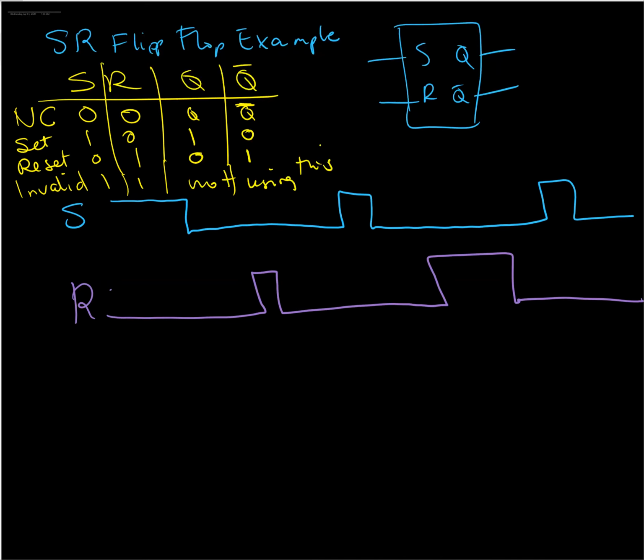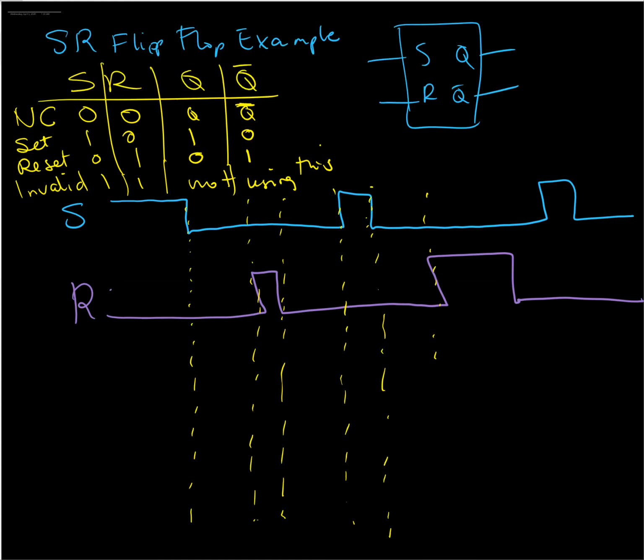So the first change of state is here. The next one is here, and then here, and then here. Ignore the fact that my graphs aren't exactly looking square because they should be. That's just bad drawing on my part.